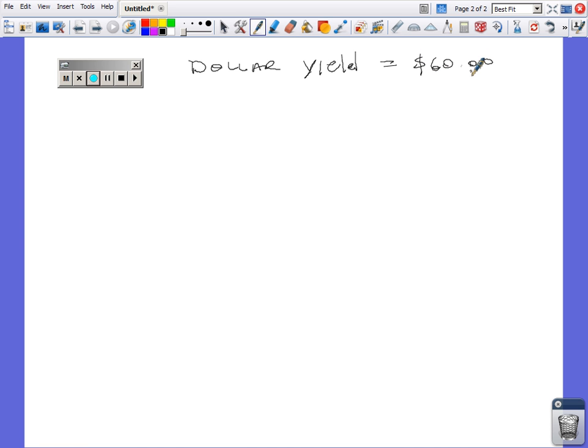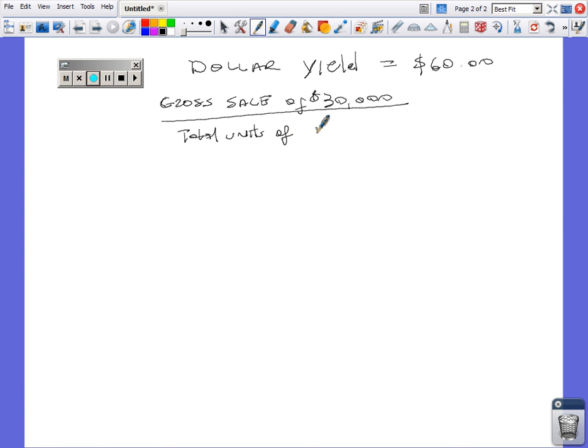Remember, we determined that $60 by dividing our historical gross sale of $30,000 by total units of item A, which was 500.